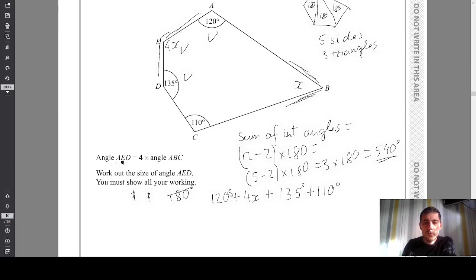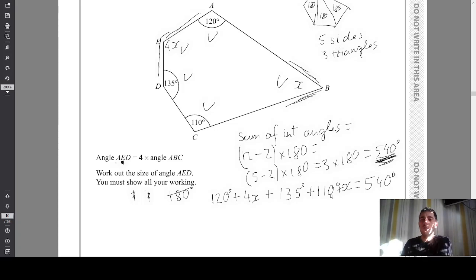Got to put the degrees on those. So done, and the last angle, finish off with x. What we've got here is the sum of all angles, and we know that the sum should be equal to 540 degrees. So I just put equal to 540 degrees.